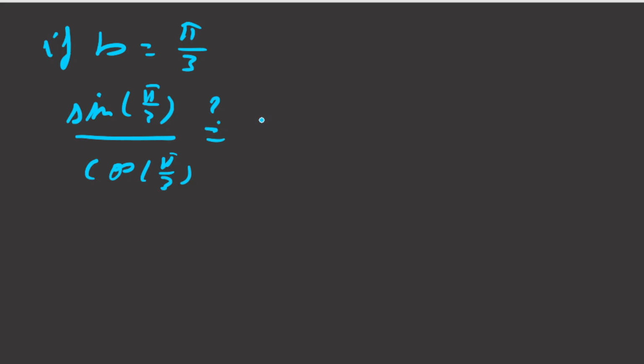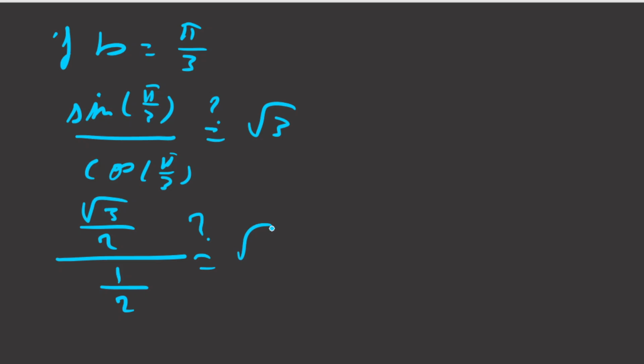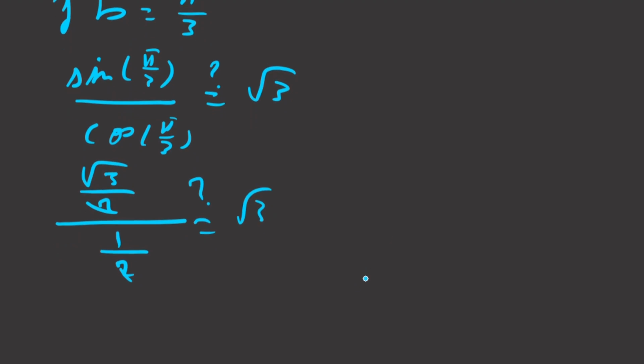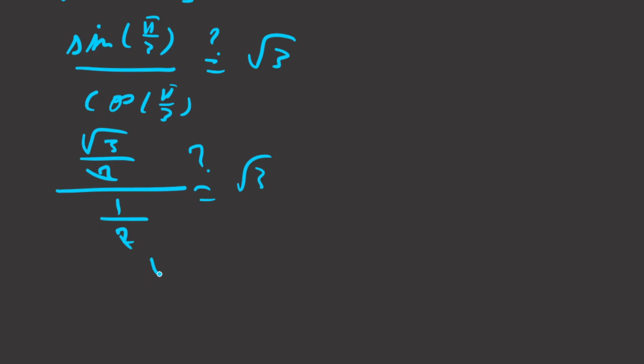Is it equal to square root of 3? So sine of pi over 3 is equal to square root of 3 over 2, and cosine of pi over 3 is equal to 1 over 2. And we write down, is it equal to square root of 3, obviously. And then by cancelling out, we would get square root of 3 is equal to square root of 3. And this one is true.